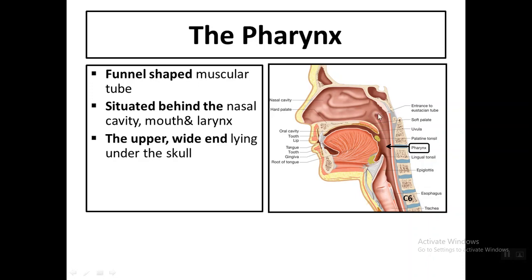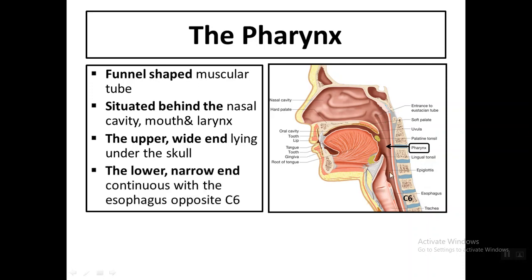The upper wide end, because it is a funnel shape, يعني إن شكله مثل القمع, has an upper wide end. This upper wide end lies under the base of the skull here, and it has a narrow lower end. It's continuous with the esophagus.